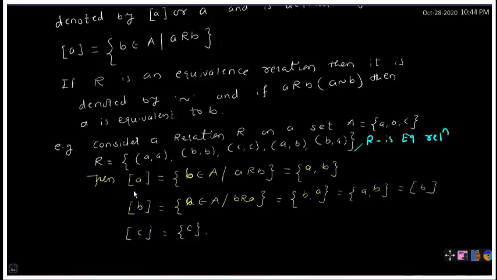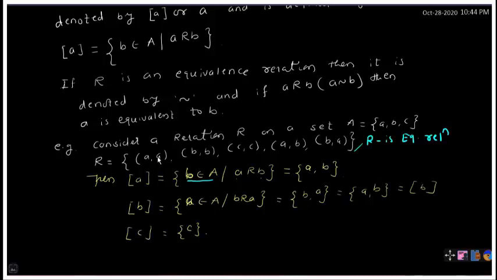Therefore, we can find the equivalence class of each element in set A. The equivalence class containing a is, by definition, all elements b belonging to A for which a is R related to b, or (a,b) belongs to R. Which elements are R related to a?